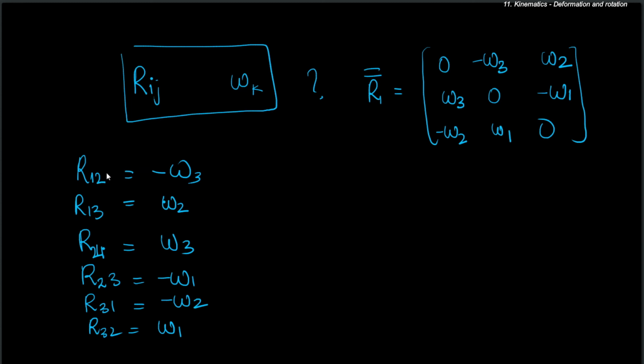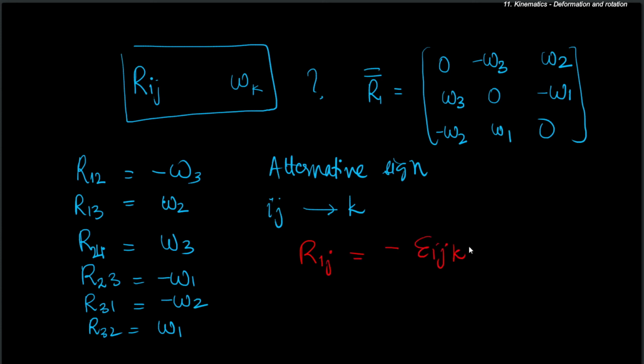Now look, we need to have an alternating negative sign, and ij must map to k, and the only way that is possible is Rij is equal to minus epsilon ijk omega k.